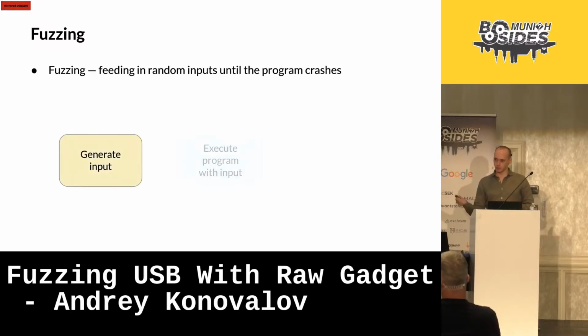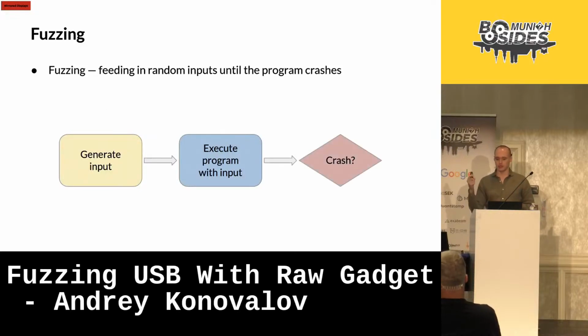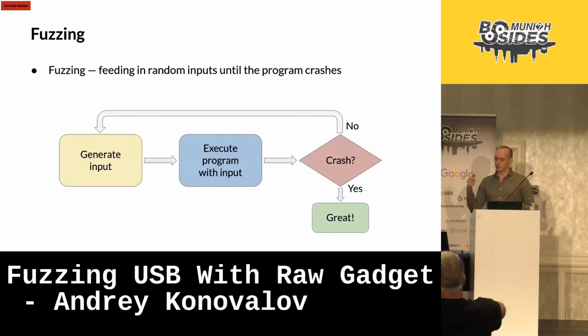You generate a random input, you execute the program and feed this input in, and then you check: did the program crash? For example, the program could have segfaulted. If the program didn't crash, you just generate a new input and keep going. And if at some point the program crashes, that means great, we have found a bug, because we generated an input that triggered a crash in a particular program.